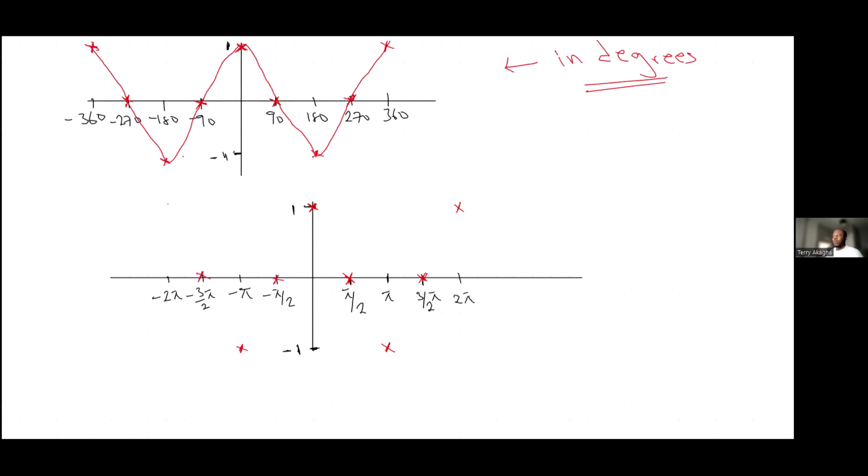So same thing, you draw the curve all the way down to this point, that way, all the way down here to this point, and that way. So this is drawing the graph in radians.